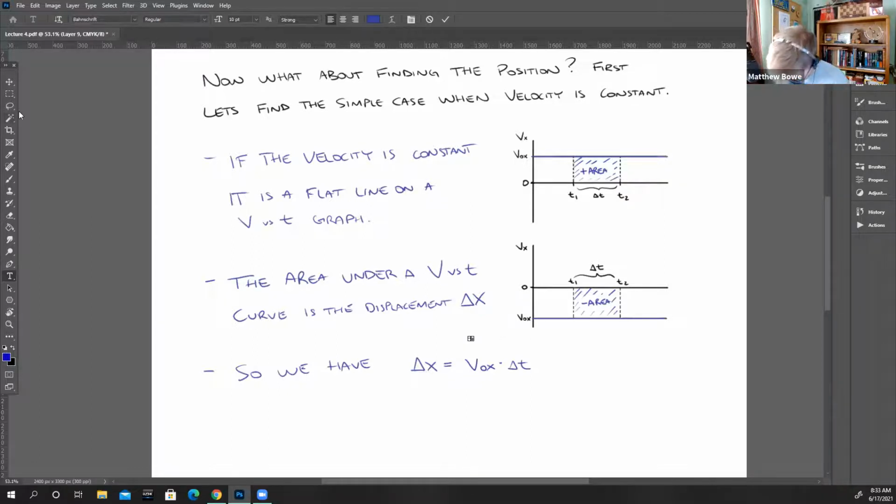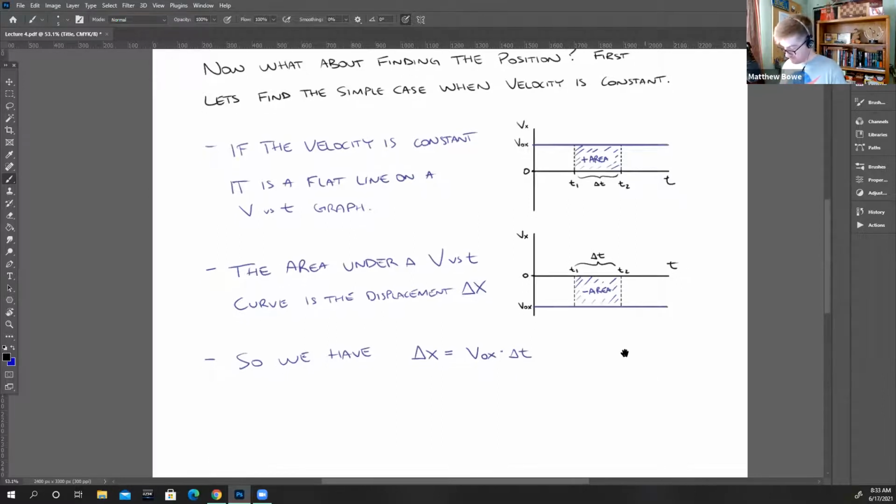Oh, it's okay. How did that pop up? All right. So we have, where are we? We're right here. Nope. I brought up the text tool and that's not what I wanted.